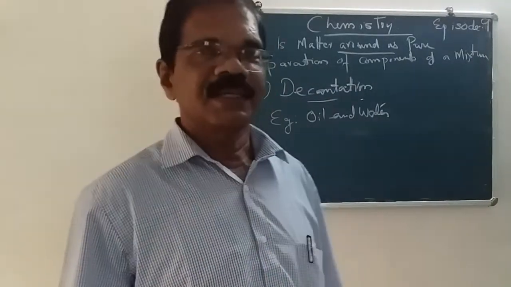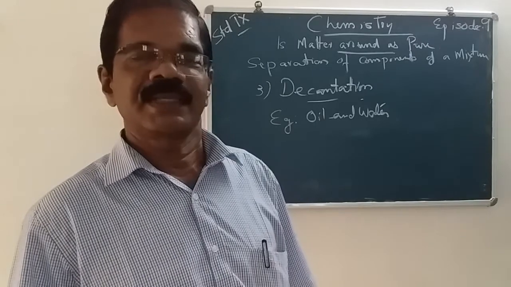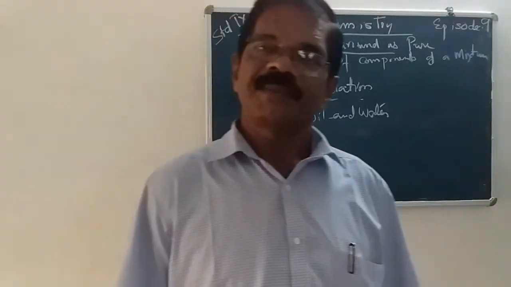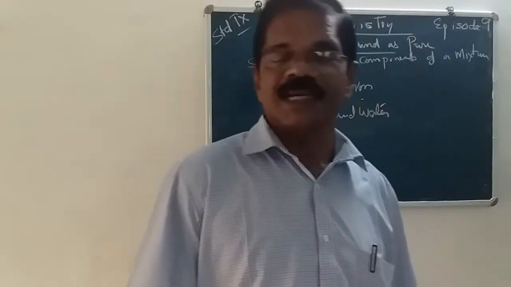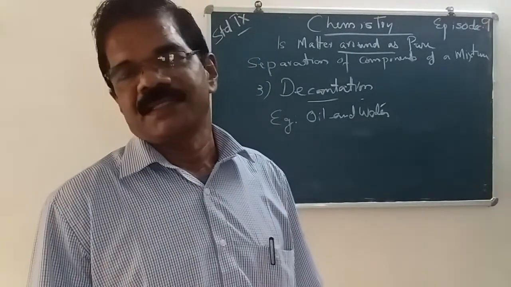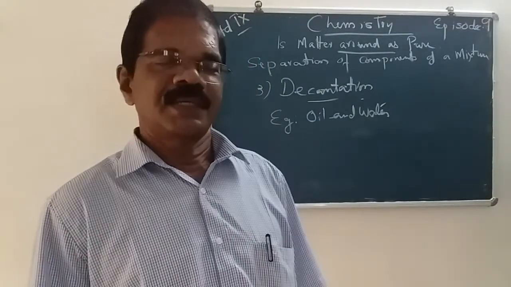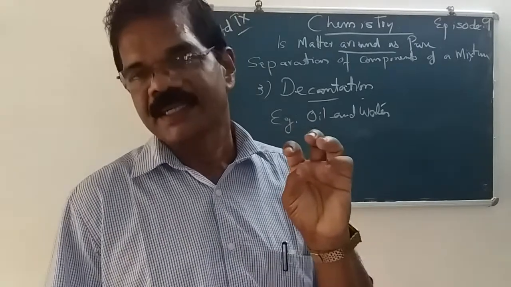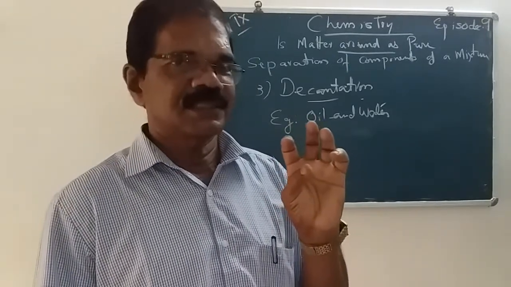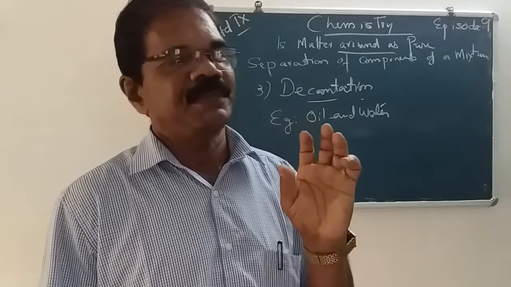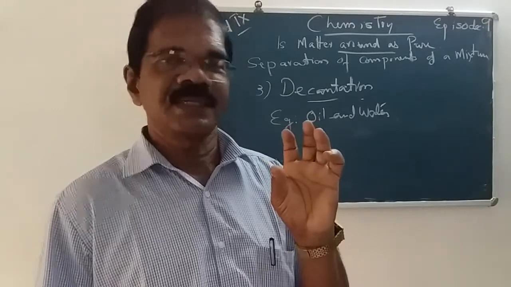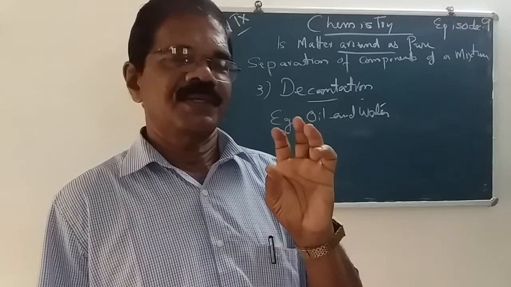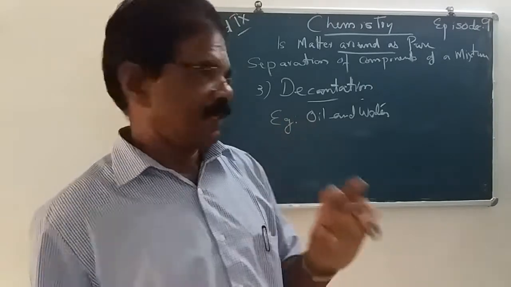We all know that oil and water do not mix with each other. If they are taken in a glass or any container, they form two layers, because their densities are different. These two immiscible liquids can be separated using an instrument, namely the separating funnel.